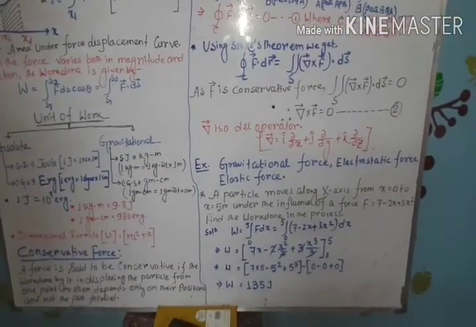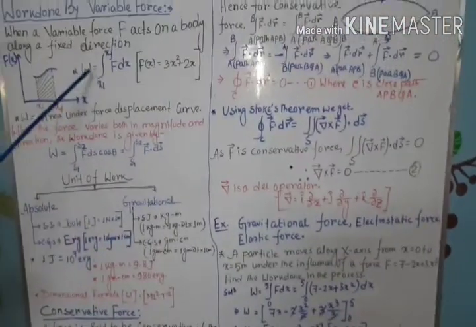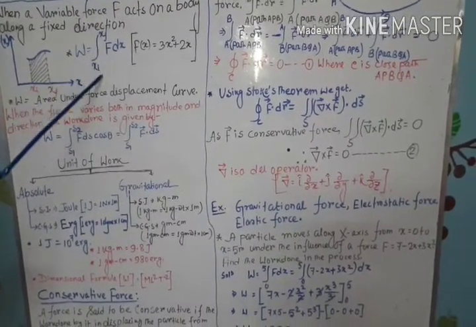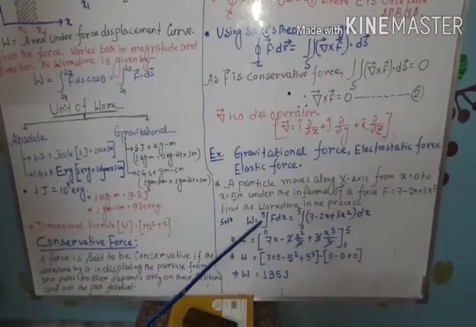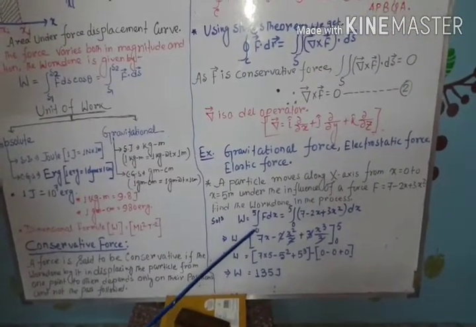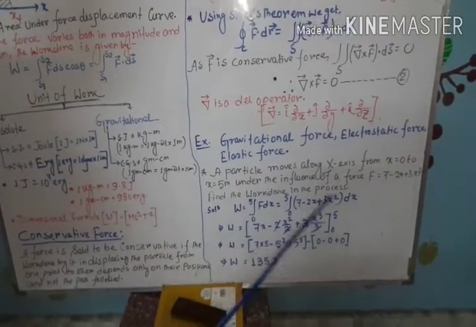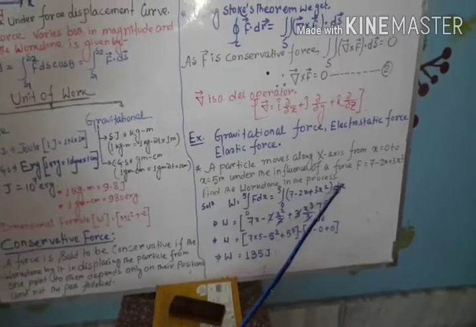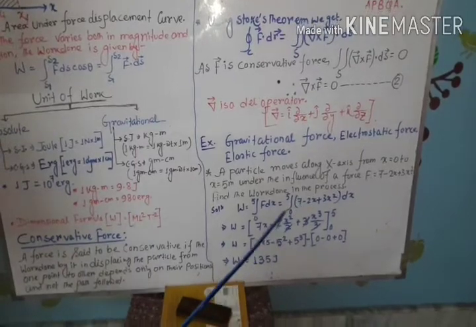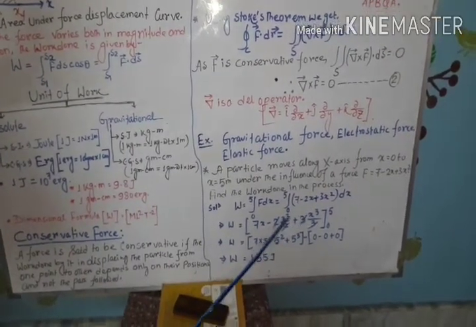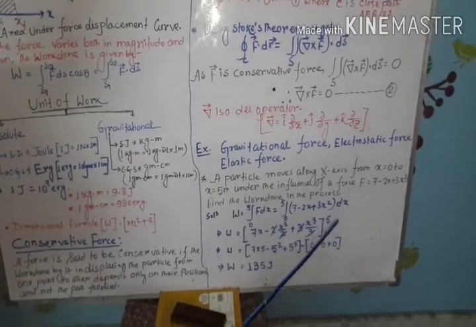We know the formula whenever the variable force is given like that. The formula is W equal to integration from initial position to final position F dx. So according to this formula, W equals integration from initial position 0 to final position 5 of F dx. Now put the value of F, that is 7 minus 2x plus 3x square, into dx. If you perform the integration, it gives 7x minus 2 into x square by 2 plus 3 into x cube by 3, lower limit, upper limit.